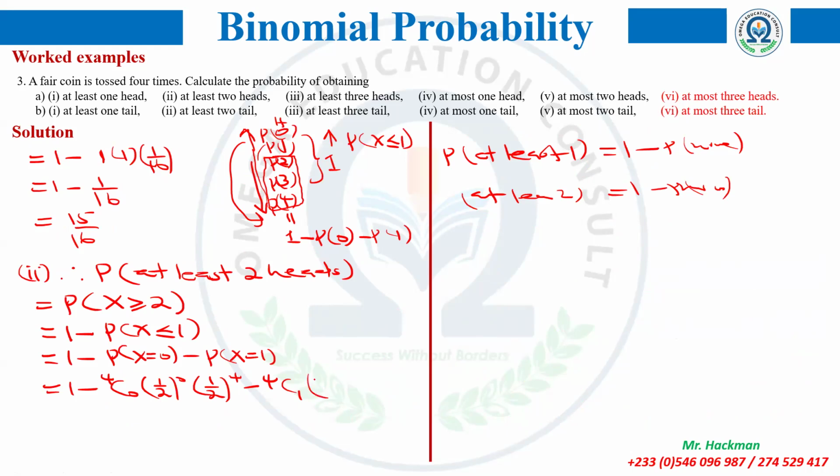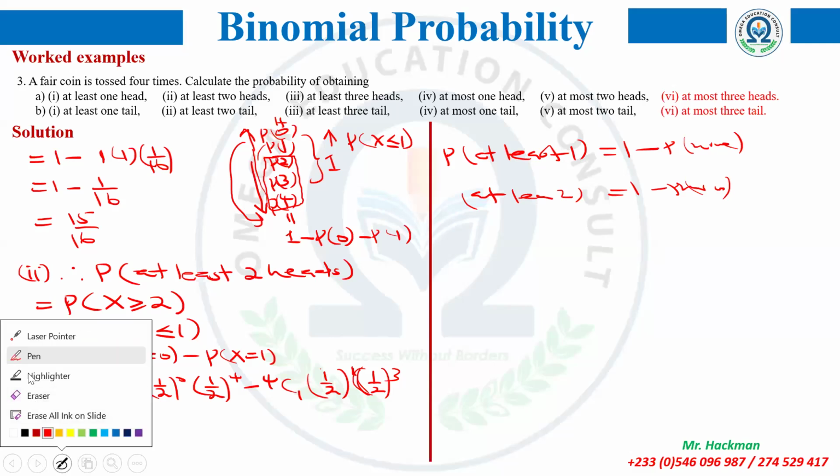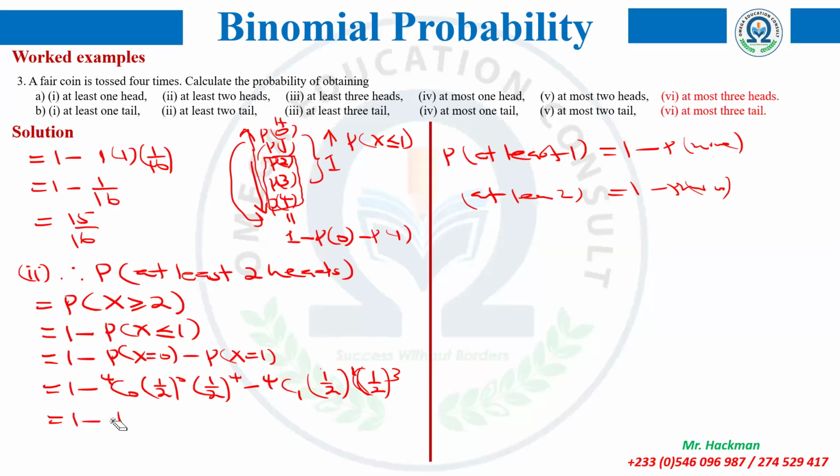So 1 over 2 to the power 1, then 1 over 2 to the power 3, so cube. In this case, this is going to give us 1 minus, let's do it. Sorry, in the number of combinations, 4 combination 0 is 1. Forgive me. So this will give us 1. I won't write the 1, it's simply understood to be there. So this will give us 1 over 16.